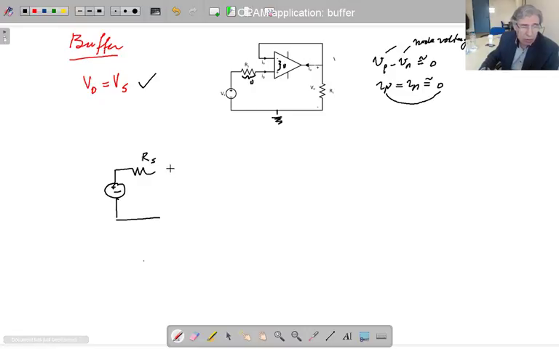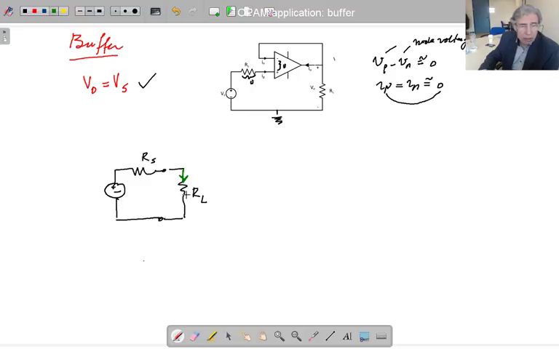Let's say it represents circuit A. This circuit output is connected to a resistor which is called RL. So this current here, let me put it in.